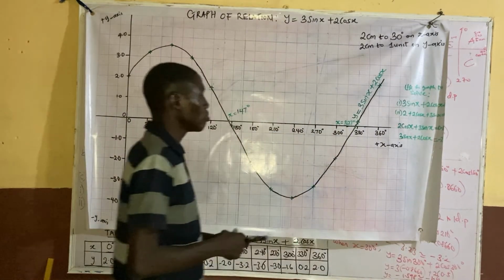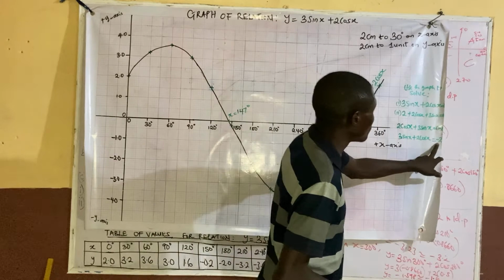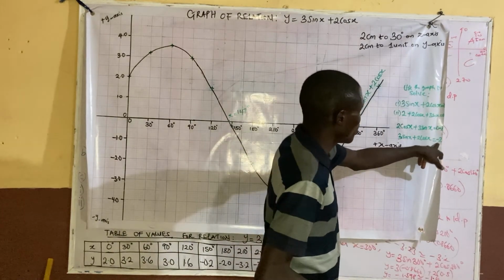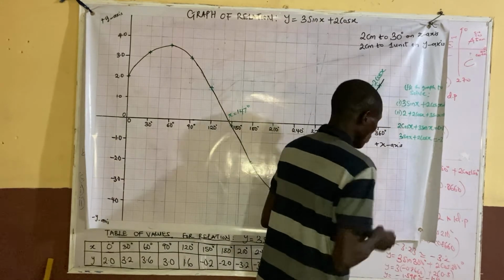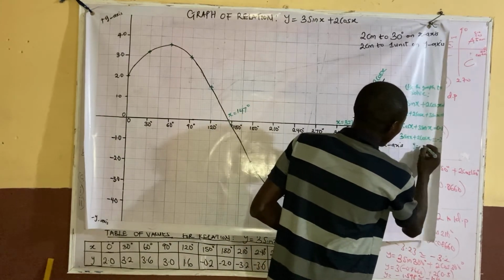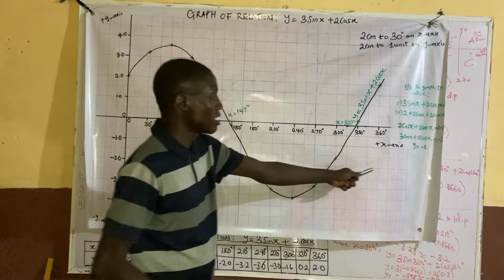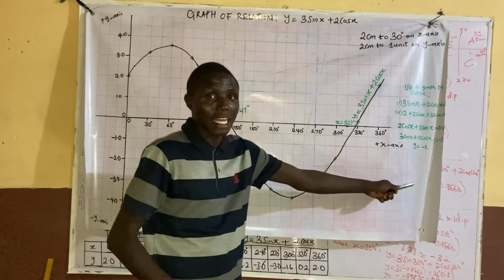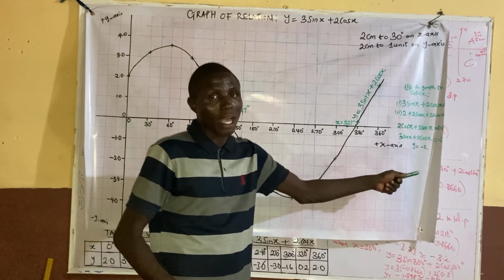I will now go to my graph and draw a line on minus 2, where my equation is y equal to minus 2. I will draw a straight, horizontal line on y equal to minus 2.